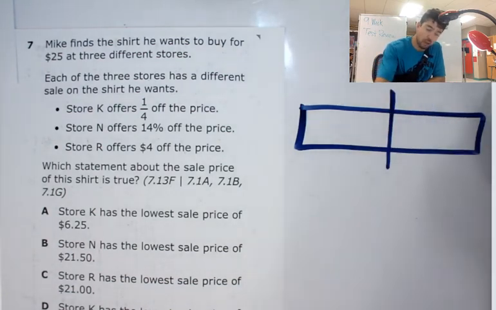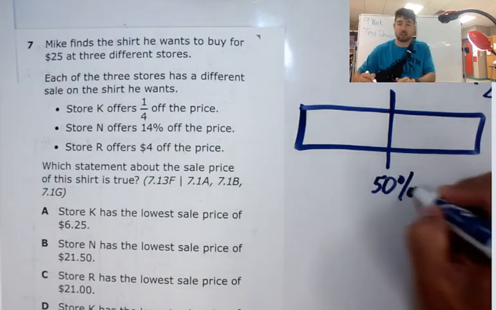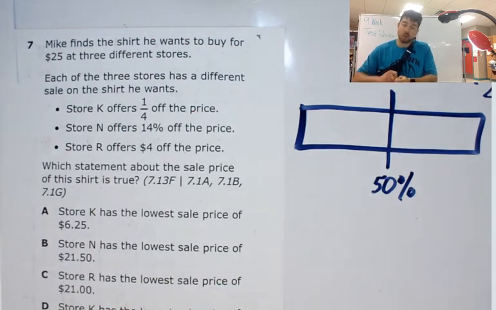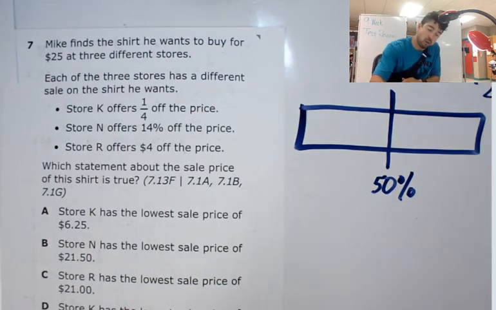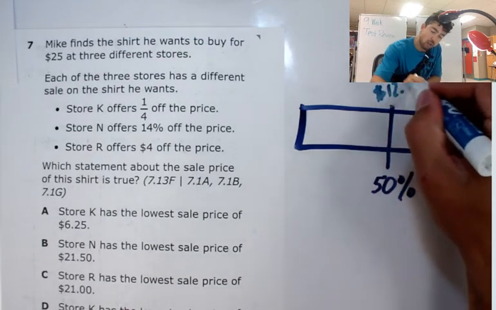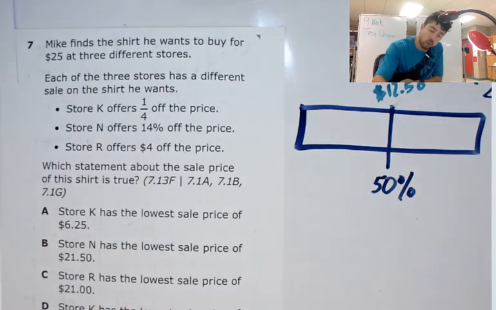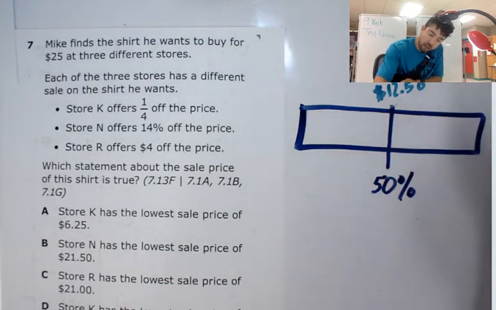So the shirt's $25. What would 50% of $25 be here? What would half? $12.50. Okay, we're just doing mental math, and then we're going to actually do the actual math. So we're talking about $25 here.